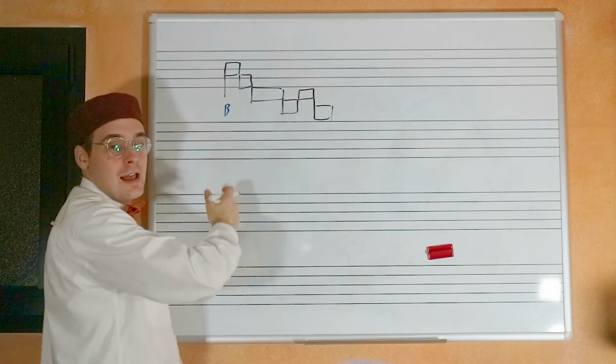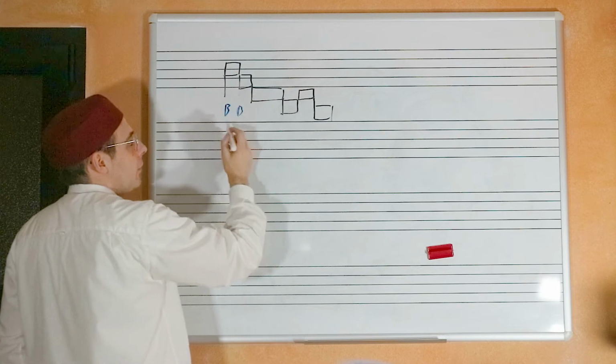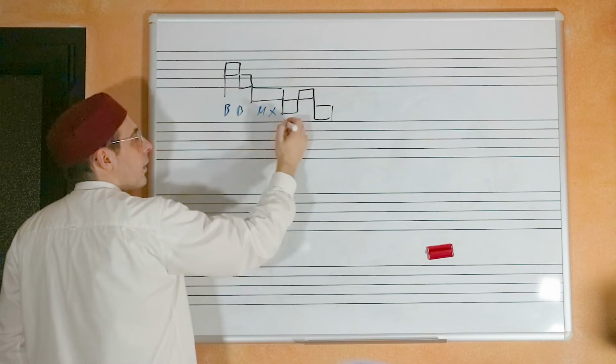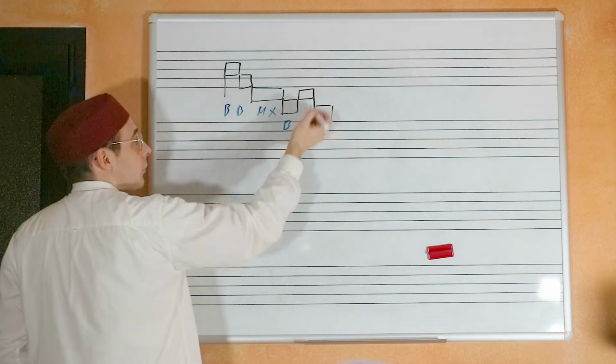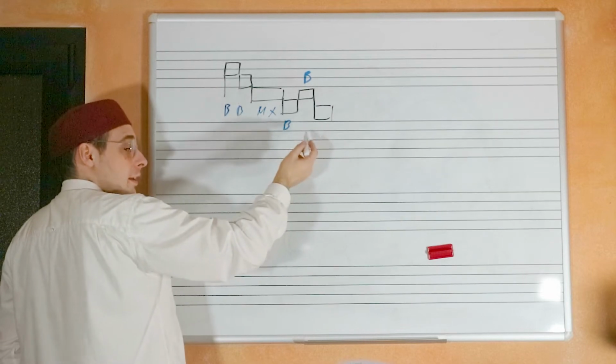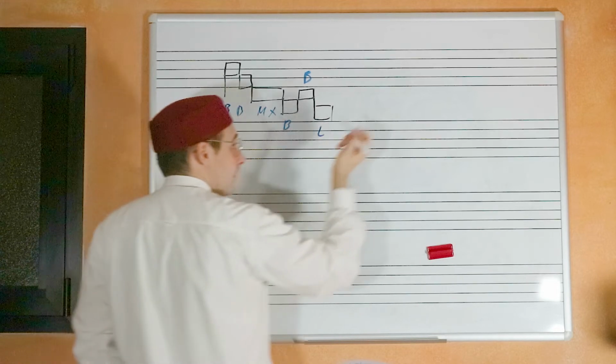brevis, as I've just explained to you, brevis because it is a middle note, maxima because of its form, brevis because it is a middle note, brevis because it is a middle note, and this is longa because this figure is the same as that.